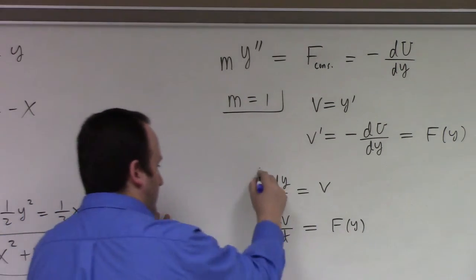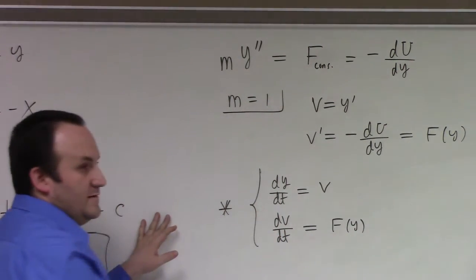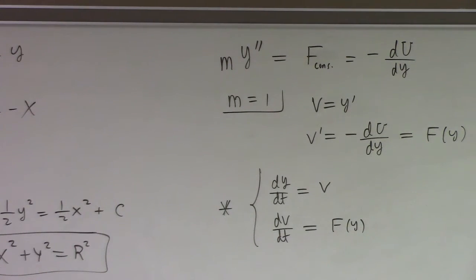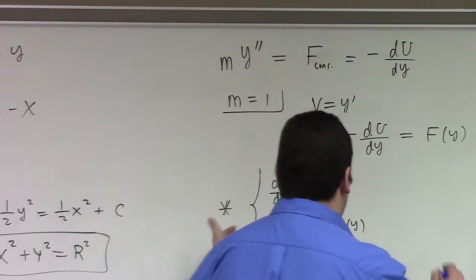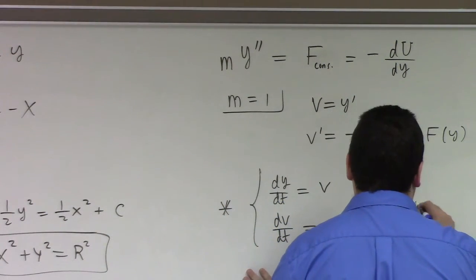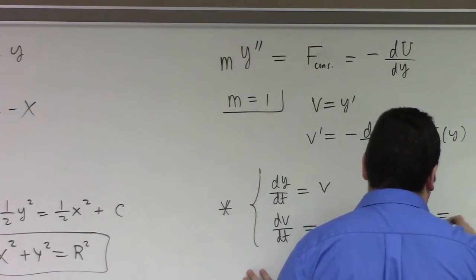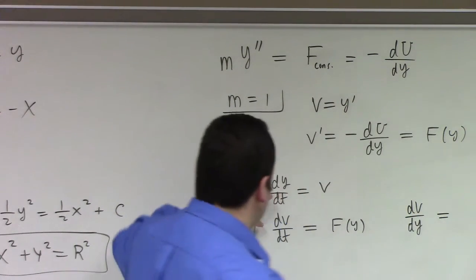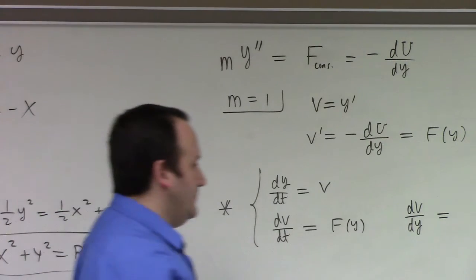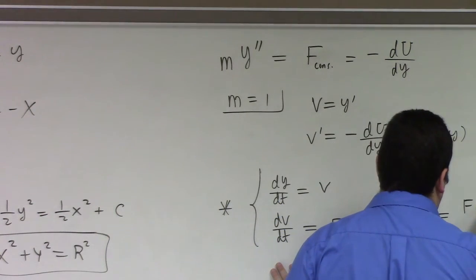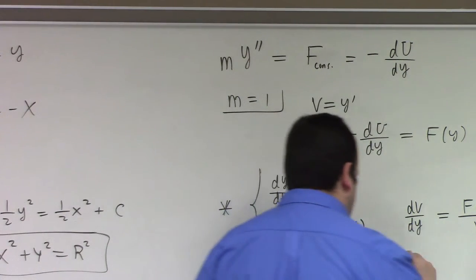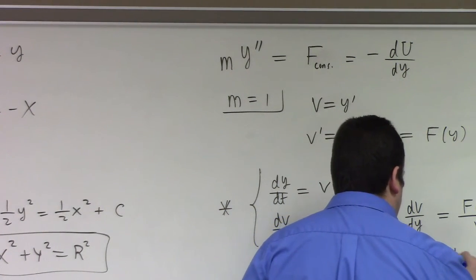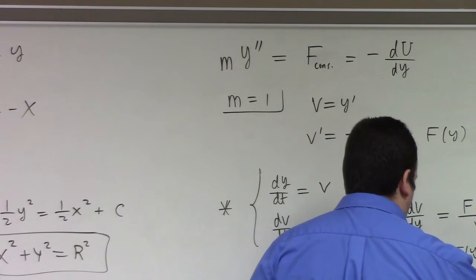So this, much like star, is an autonomous system of ODEs. And you can eliminate time by dividing them, right? So you divide these, this gives us the equation dv/dy equals what? F of y. Separate, integrate, v dv equals f of y dy.